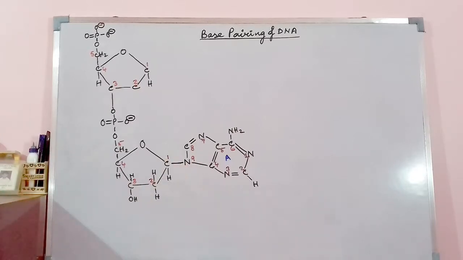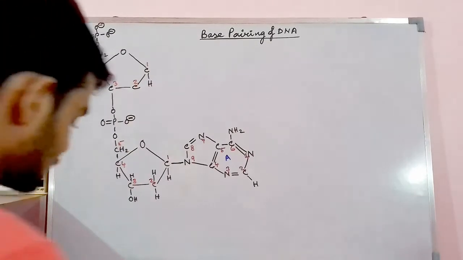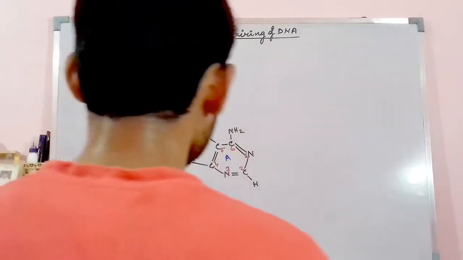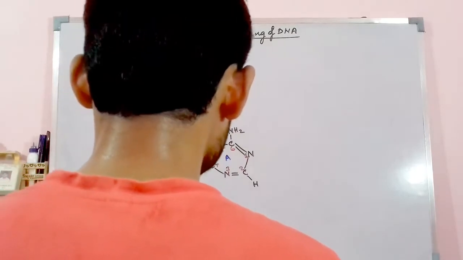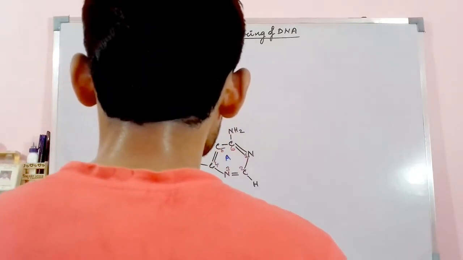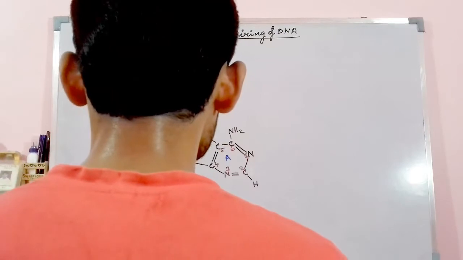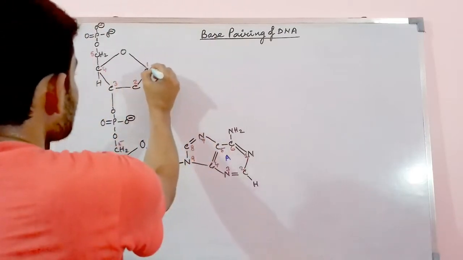Now let us consider the guanine. Adenine and guanine are the two purine bases, as I have mentioned. In case of the guanine, the things are quite different. If I consider guanine, in the same way it will be like this.